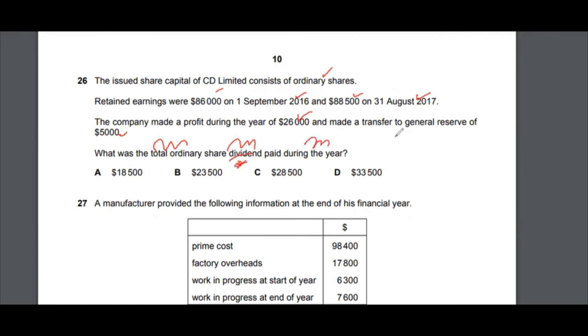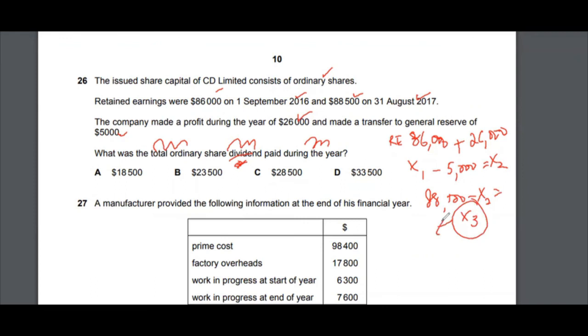So again, simple maths: take the opening retained earnings, 86,000, add the current year profit, $26,000. This will give you X1. Deduct $5,000 from X1 because it's going to reduce the profit. That will give you X2. Take the difference between 88,500 minus X2, and that will give you some number X3.